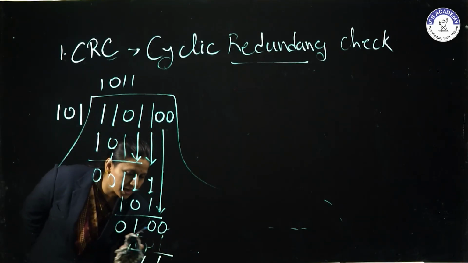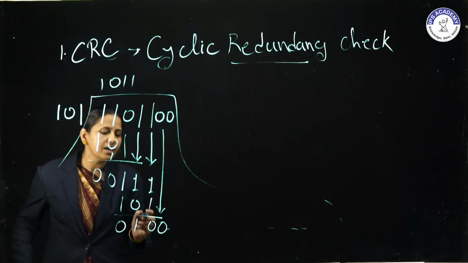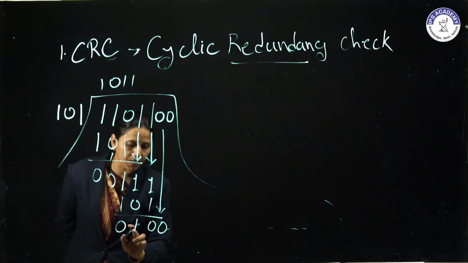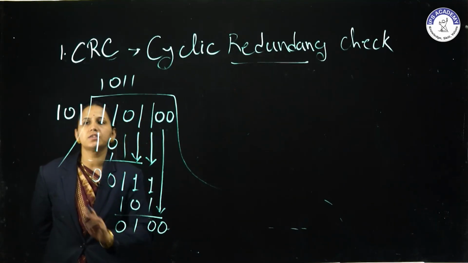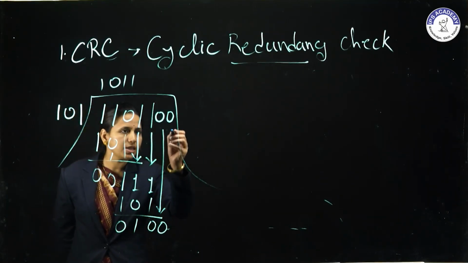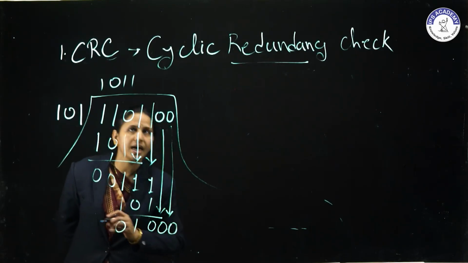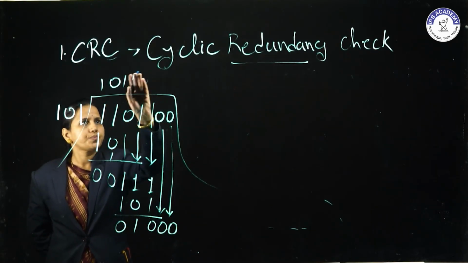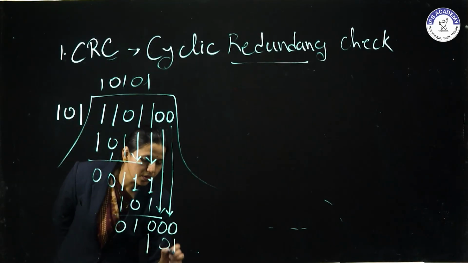As we know, 1 0 0 means 4 and 1 0 1 means 5 in decimal. 1 0 0 is binary, so the decimal of this binary is 4, and 1 0 1 is 5 in decimal. So in this case we again need to use the next bit, that is 0. Now 1 0 1.